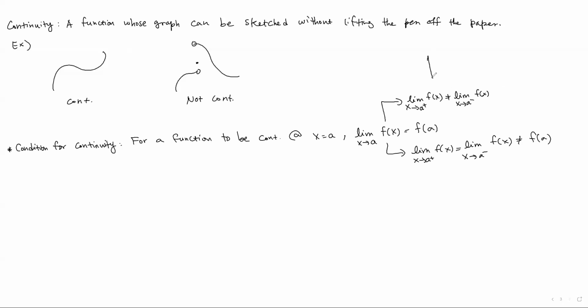So in this one, you have something like this. Here, the limit from the right side is actually equal to the value of the function, but the limit from the left side and the limit from the right side are not matching, right? This is what we call a jump discontinuity.